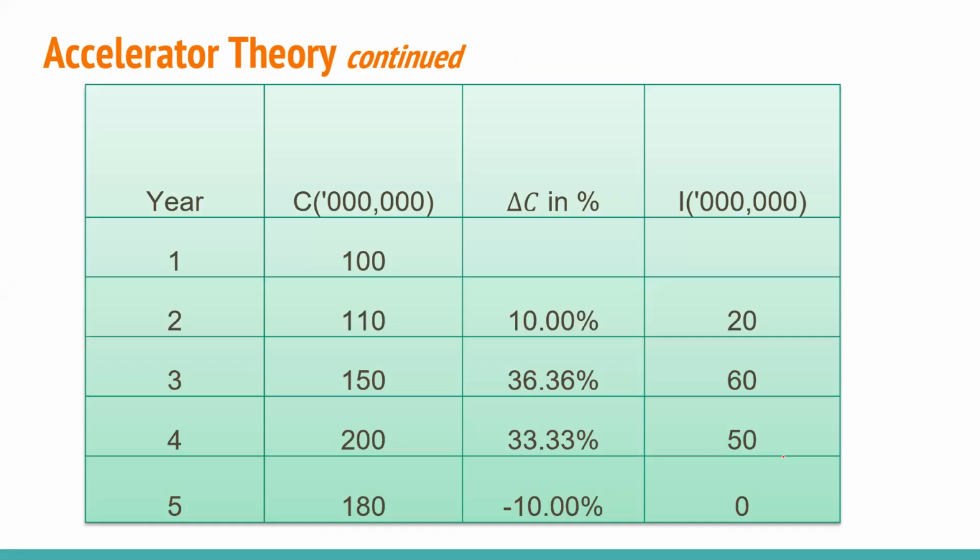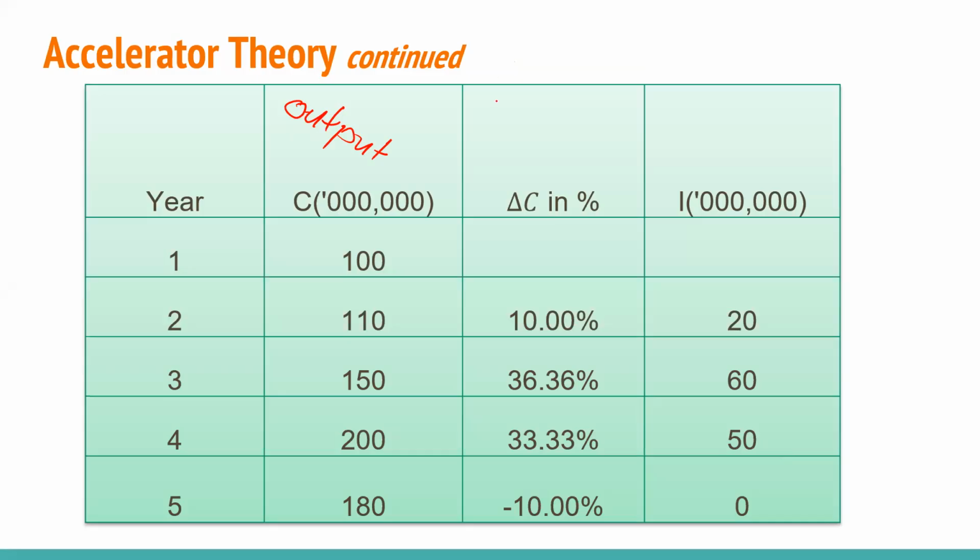So as an example, basically what we are talking about is the level of output, right? Changing in millions of shillings.